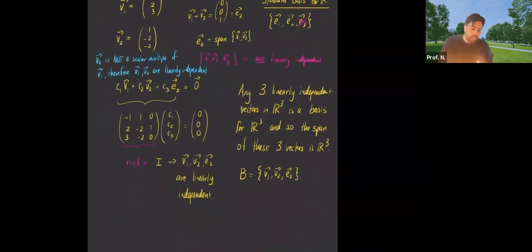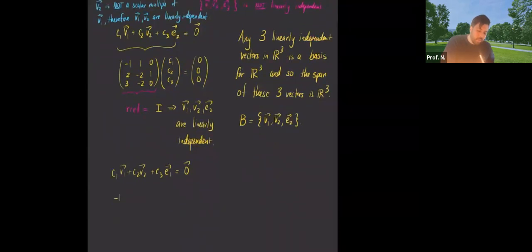Now, I think the next thing we should try to see is if E1 would work. And if E1 would work, how would we test that? It's the same idea here. So this will be -1, 2, 3, 1, -2, -2, and 1, 0, 0.